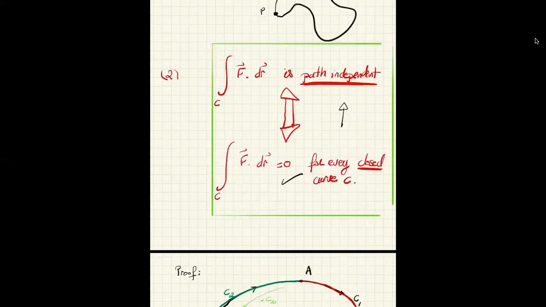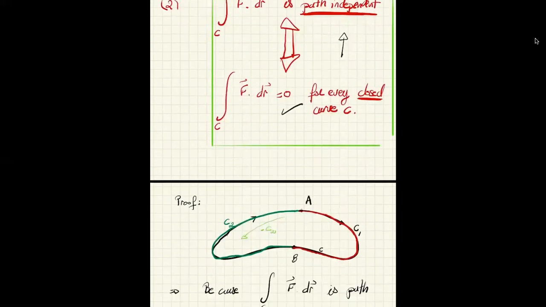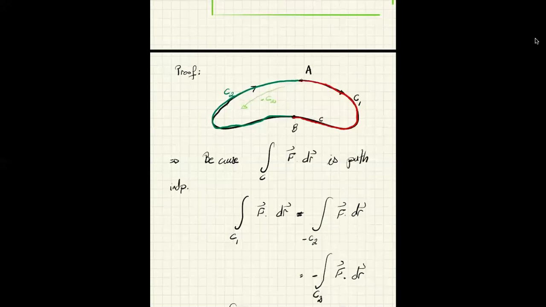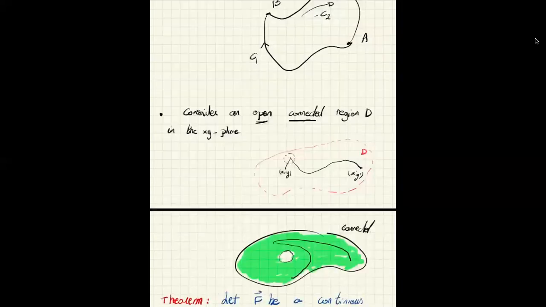And then we realized that the line integral of a vector field is path independent if and only if for every loop you take, it gives you 0. It's not always the case that it gives you 0, but for loops it does. And then, well, that's the proof.